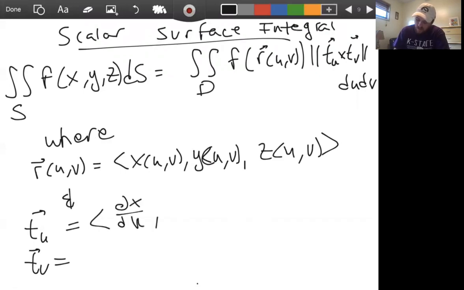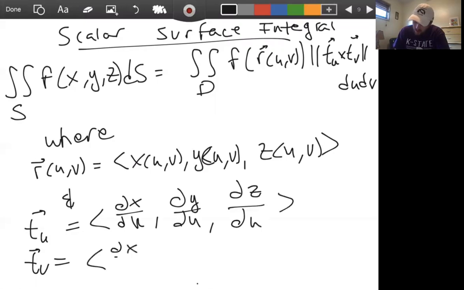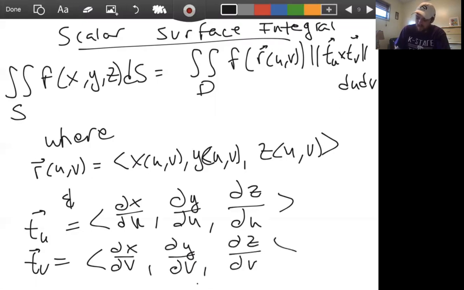So Tu is dx/du, dy/du, dz/du, and Tv is dx/dv, dy/dv, dz/dv. Okay, and so this here is a nice representation of what a scalar surface integral is, what it's calculating, and how to calculate it.